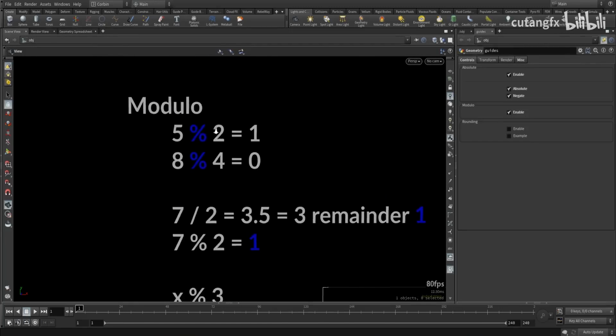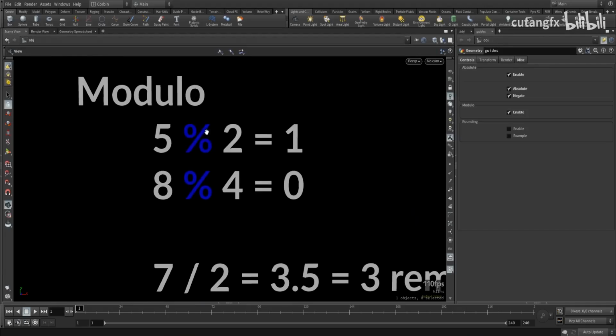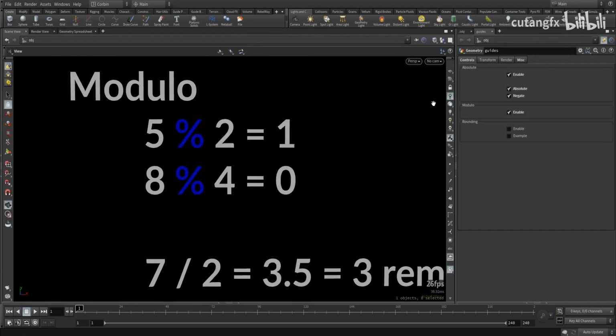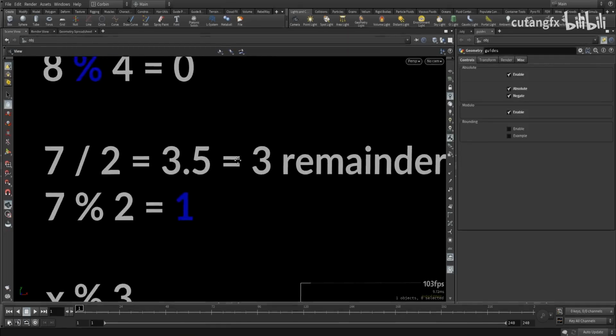And I just want to point out that the modulus function is the percentage sign. You can actually type it like this inside of your parameters in Houdini or in VEX. You can literally put 5 and then %2, and it will return the value 1. Okay, so this is universally used as the modulus sign.